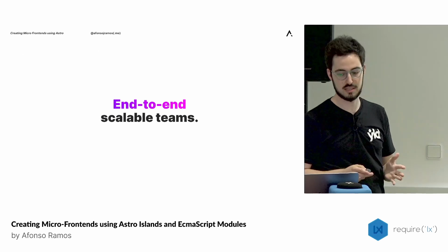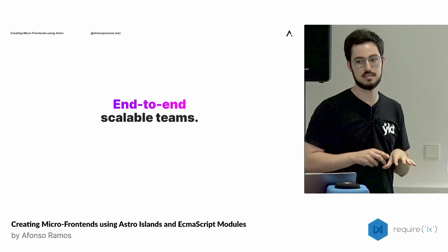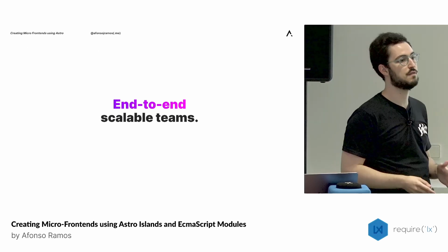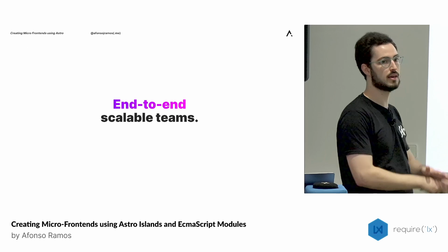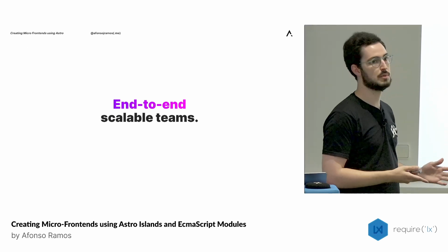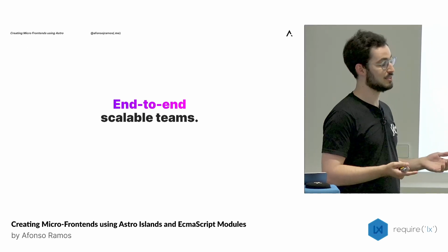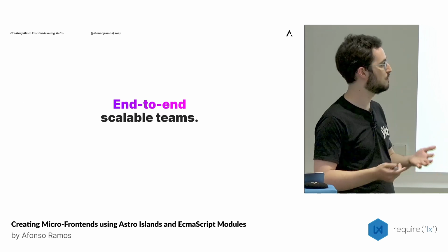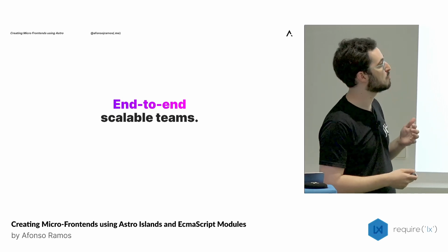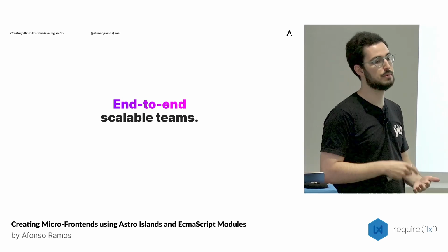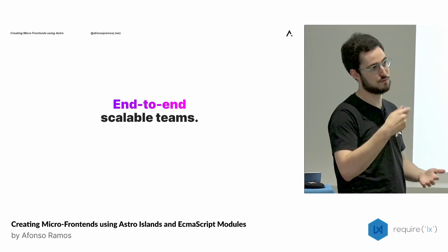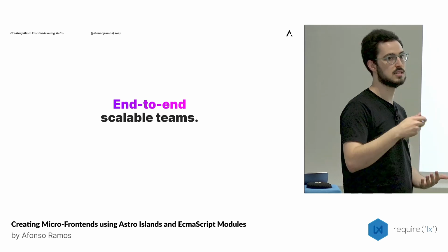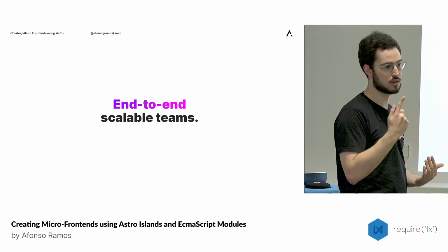Essentially, what it allows you to create is end-to-end scalable teams, right? So you can have a full team dedicated to the whole account business domain. That means the team completely, so this obviously works mostly for full stack developers, or full stack engineers. Obviously, you can still have the division between backend and frontend devs, but you still have a lot of connection between the frontend and backend because it's just the one connection.